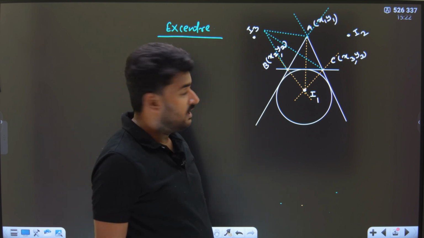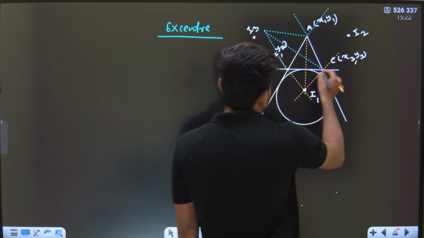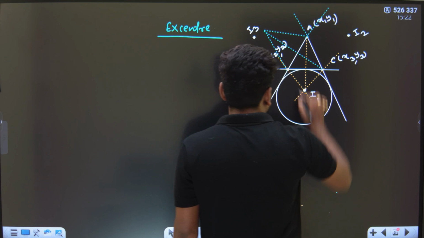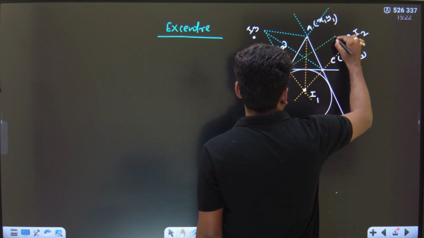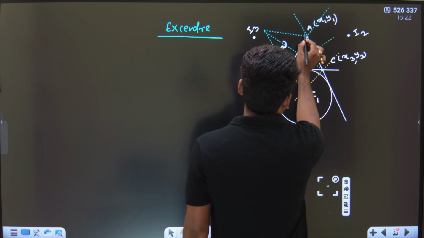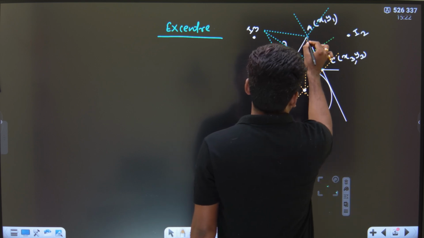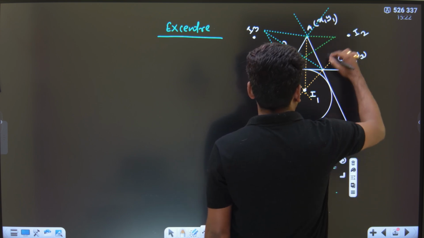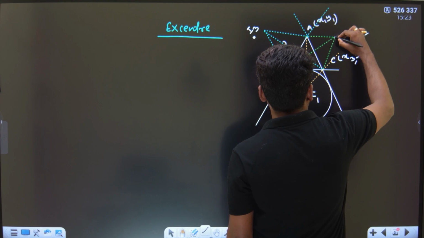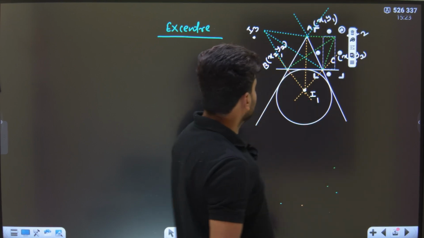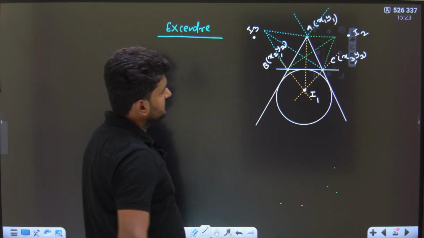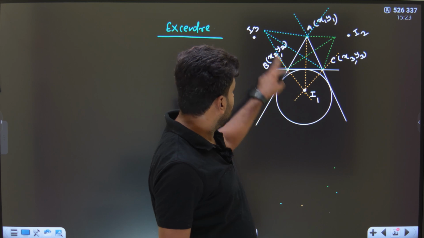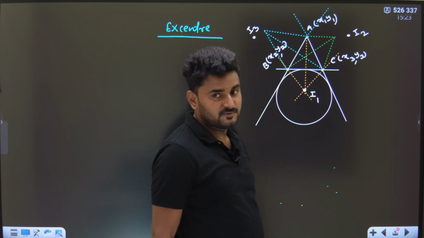Similarly I will take another external bisector, that is now B, and this is our external bisector of angle C. So finally you are getting here this one is I2, I3, and there is I1 also.